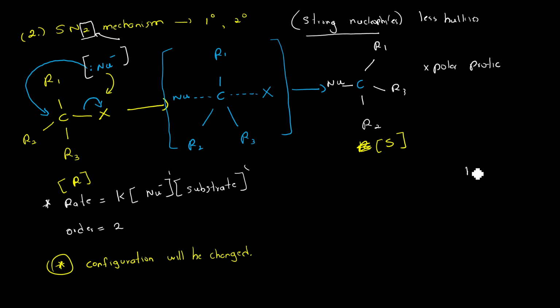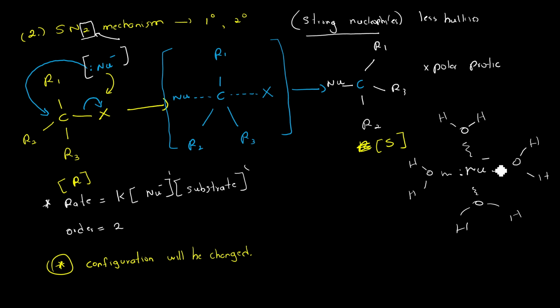So here you have your nucleophile. Now you have a polar protic solvent. Your solvent will trap your nucleophile and will not let it move. It will form bonds with your nucleophile, so now your nucleophile cannot move. This is not what we want.